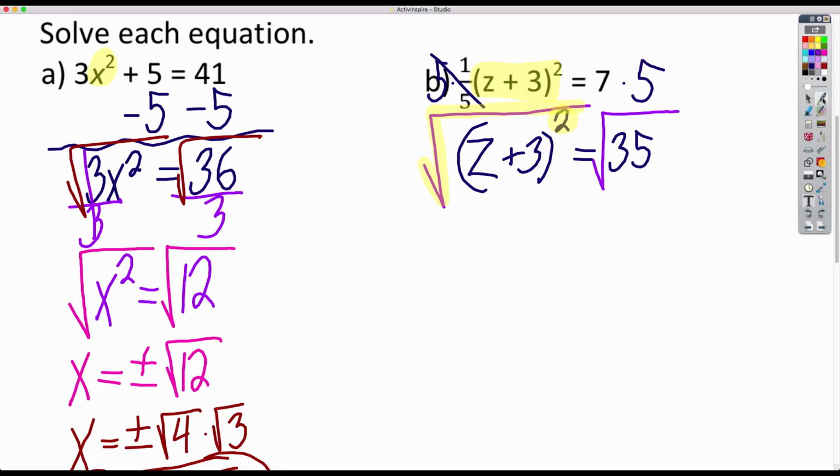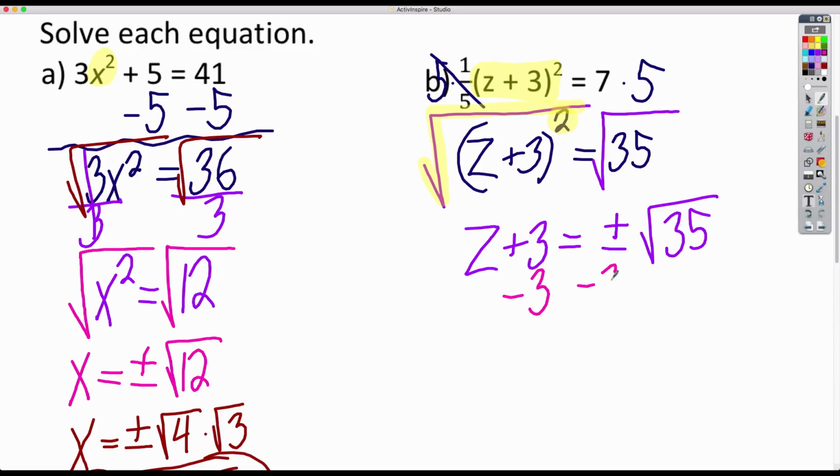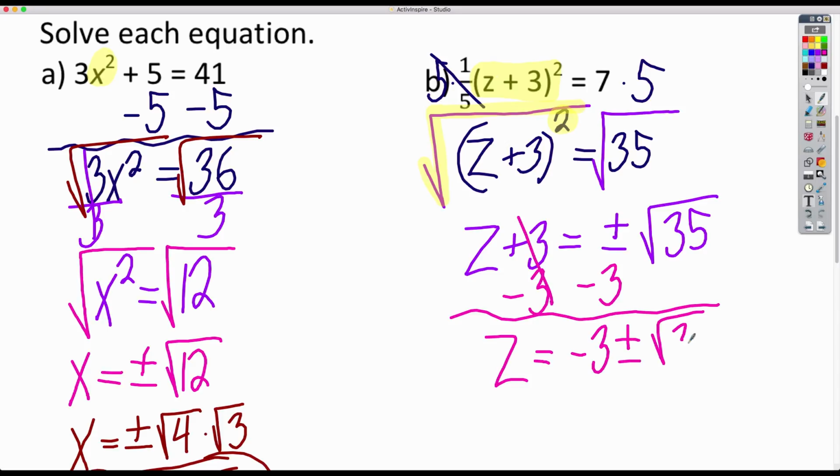So we've got z plus 3 equals plus or minus the square root of 35. We're trying to find what value of z will make this true, so we need to get rid of that plus 3. So what can we do? Subtract 3 from both sides. So we get z equals negative 3 plus or minus radical 35.